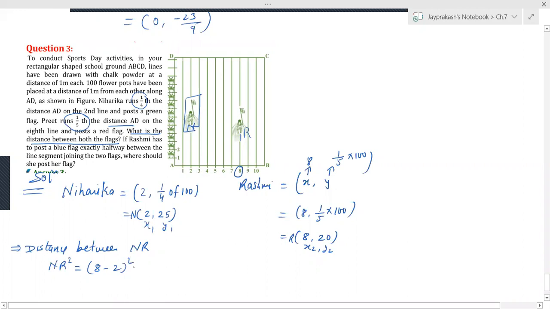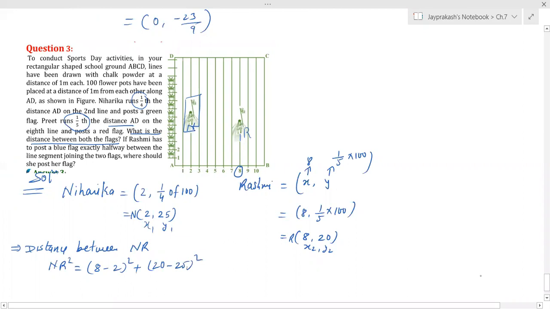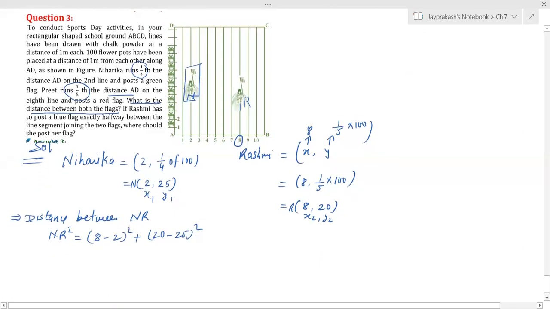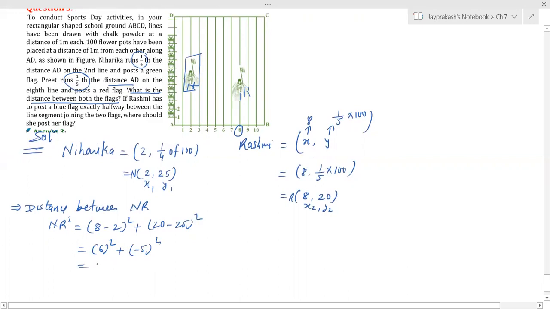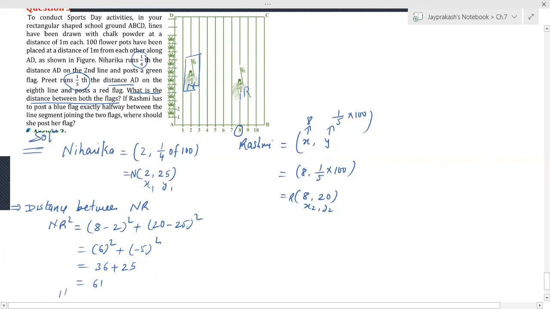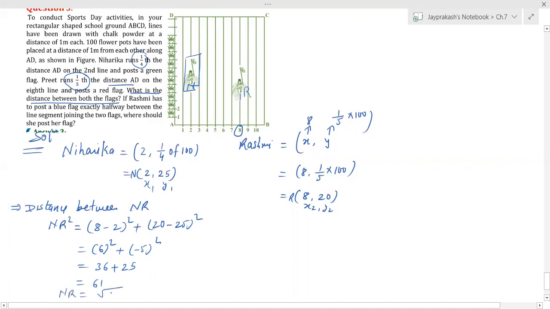So 8 minus 2 whole square plus 20 minus 25 whole square. So NR is equals to root 61.